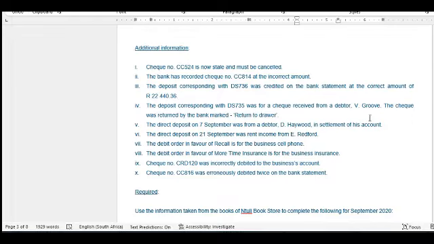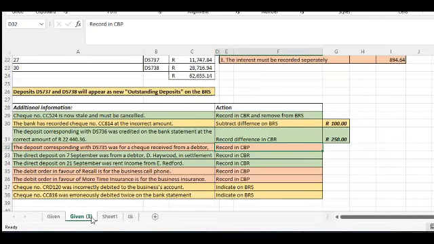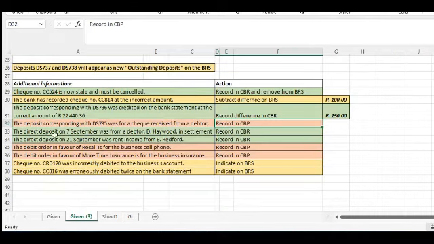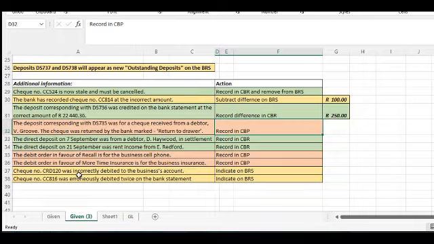Okay, so we received the check from him. The check was returned by the bank marked return to drawer. I should have read that in detail. When I have a look at the given information, that line is hidden. That was very confusing.